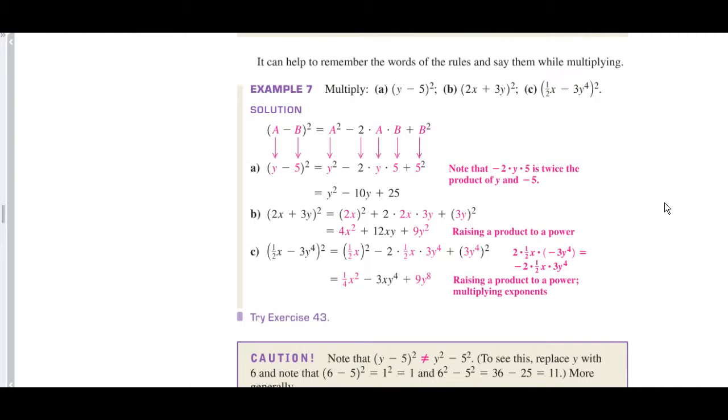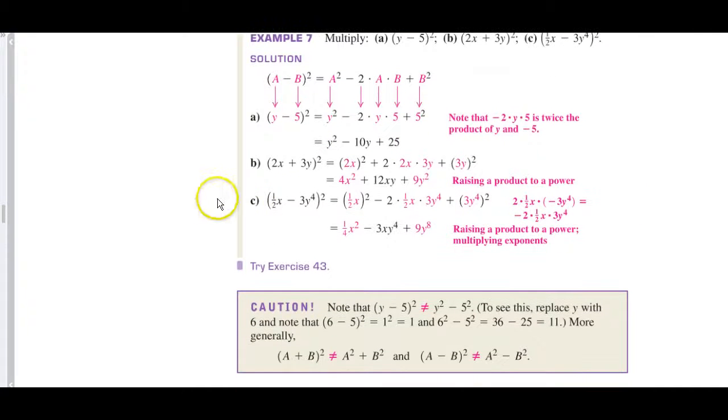Okay, now they're showing you that special way of doing it. And notice letter C here is a real challenge. But you square the first term, get that, multiply the two terms together, get that, and then double it by multiplying it by 2.